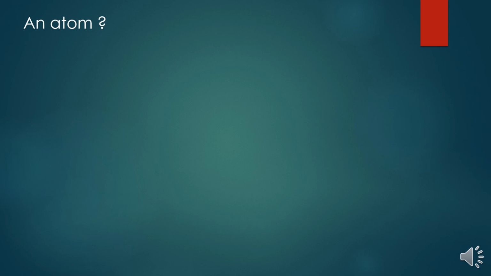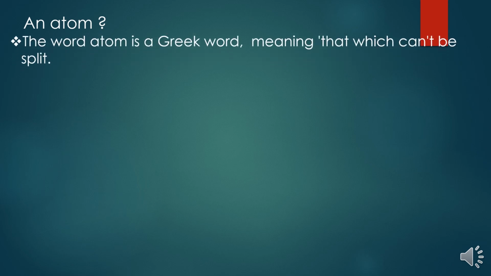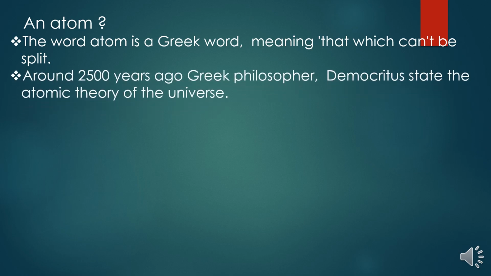Have you ever wondered what an atom is? The word atom is a Greek word, meaning that which cannot be split. Around 2500 years ago, a Greek philosopher called Democritus stated the atomic theory of the universe.